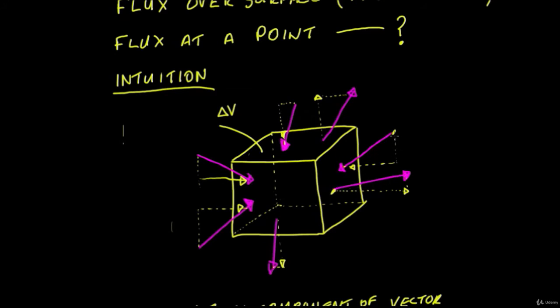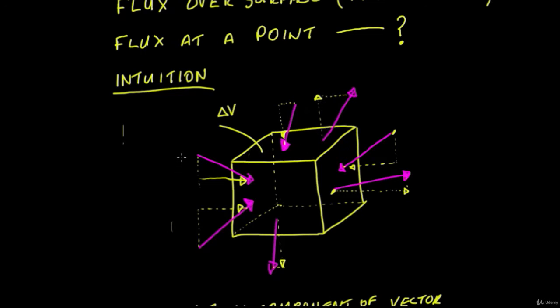What we're interested in is not the length of these arrows, but the actual normal component to the surface for these arrows. So for example, this arrow here pointing out, we're only interested in the part of that arrow which is normal to this top surface here.